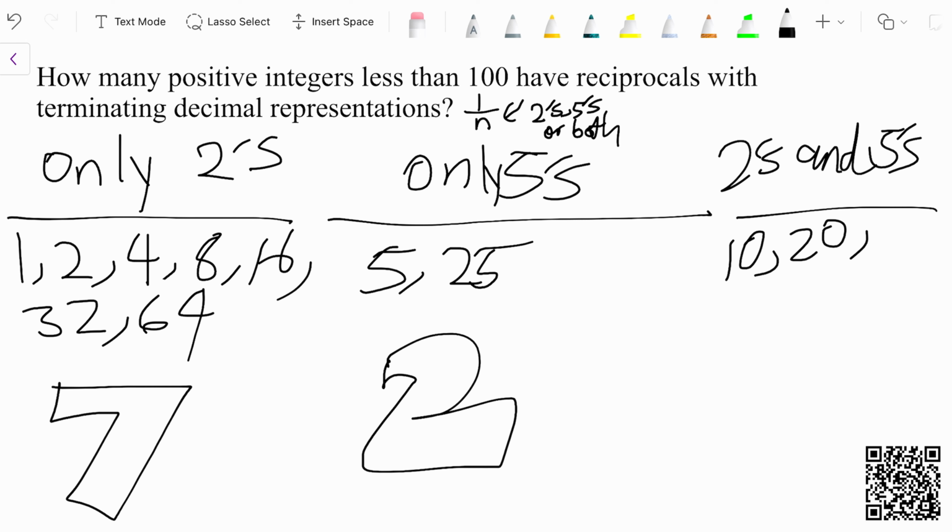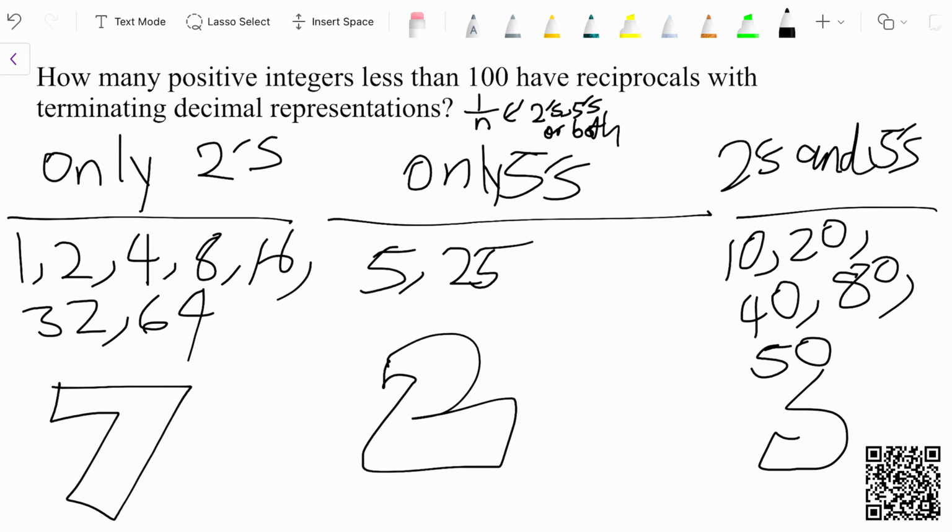We skip the 30 because that includes a 3. 40, since it's 20 times 2, keeps the same basic prime factorization, just with an extra 2. 80 works as well. So does 50, since 50 is 5 and 10, and both of those are within it. So now that we have everything, 10, 20, 40, 50, 80, that is 5 numbers.